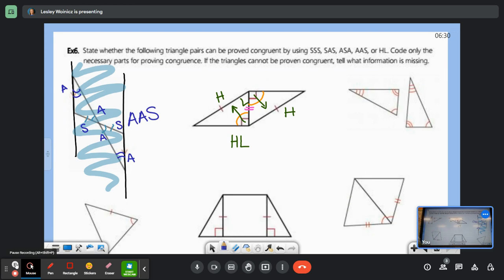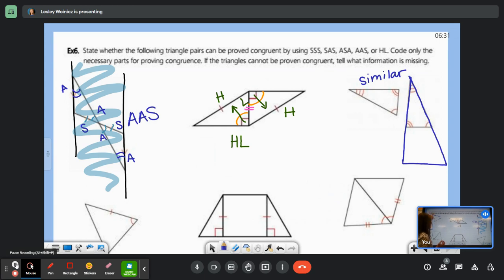Next one. This one, I have all three angles congruent, guys, but I do not have any information about the sides. So we don't know if these are drawn to scale. What might happen is that this triangle is huge and it just has the same angles as the other one. So we can't tell that these are congruent. We can only say that these are similar.